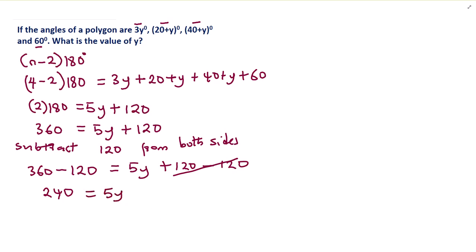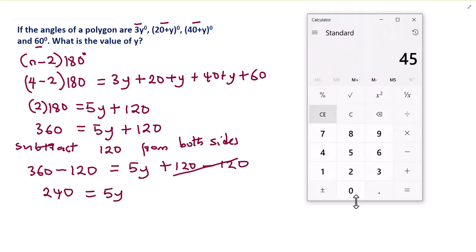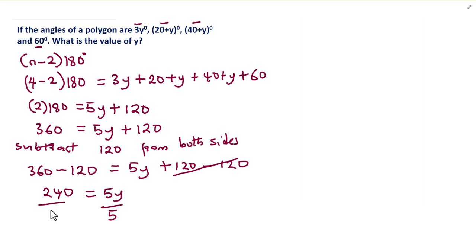Let's do that together, 240 divided by 5 is equal to 48 degrees. And we're done. So we solve for y. Therefore, the value of y is 48 degrees.